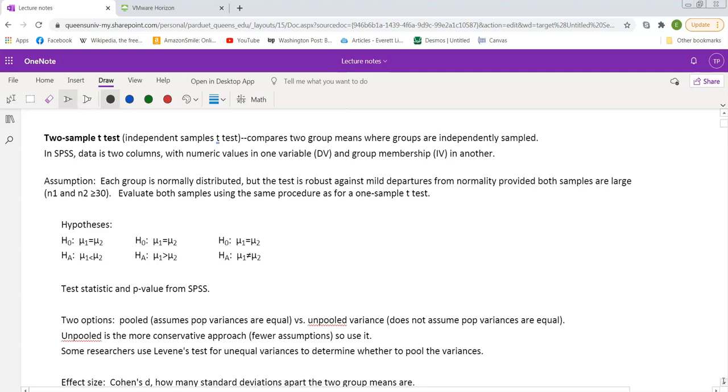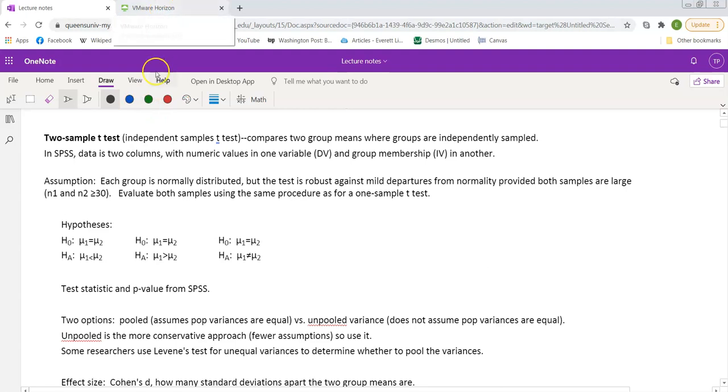And I specified here that the groups are independently sampled. That just means it's a between subjects design. So we've got two groups that are sampled. We took a sample, we got a bunch of one group and the other group. I won't make up an example right now. Then we want to compare those means.